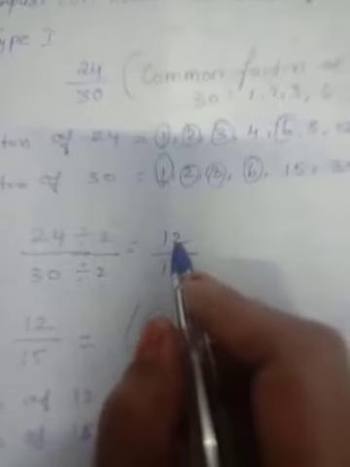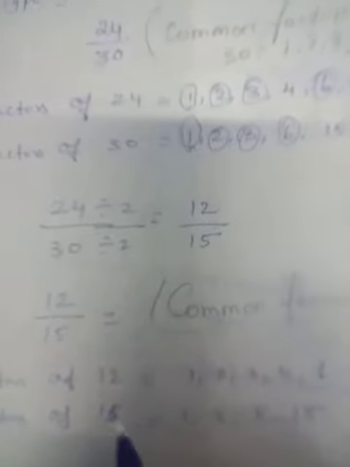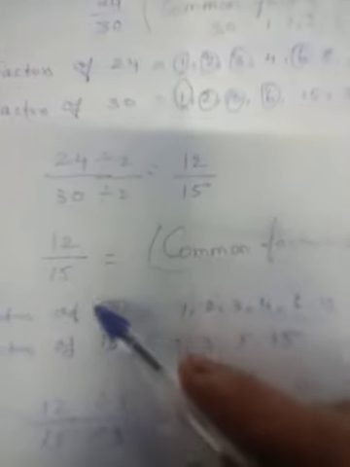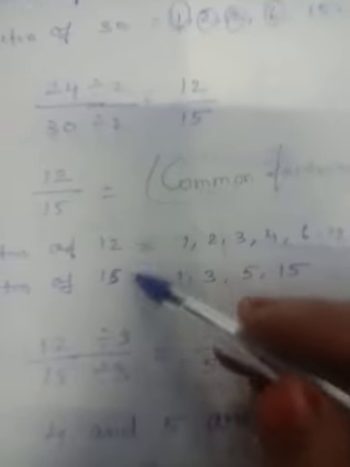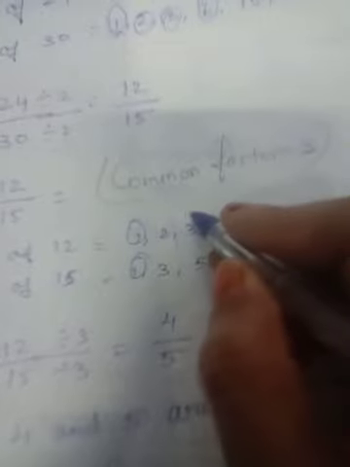So we get 12 by 15 as a rational number. Still the number can be reduced further as 12 by 15. The common factors of 12 and 15 are 1, 3, that's all.